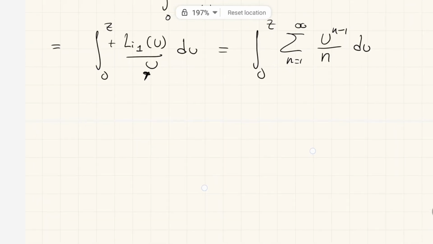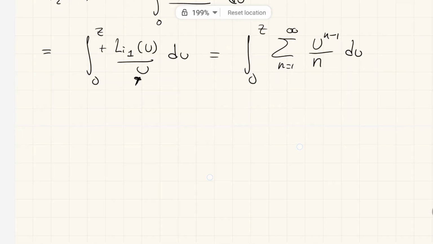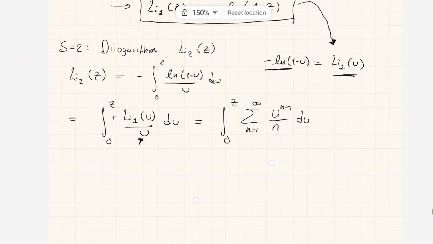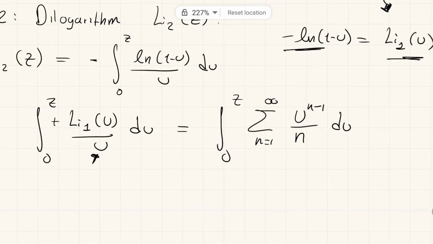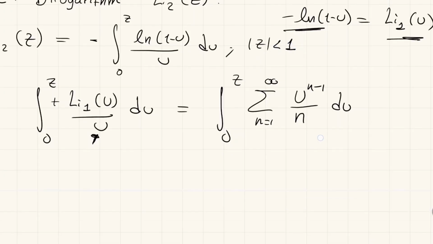So we are going to assume that this converges, because actually I forgot to mention that this definition also needs to hold that the modulus of z is less than 1, okay?